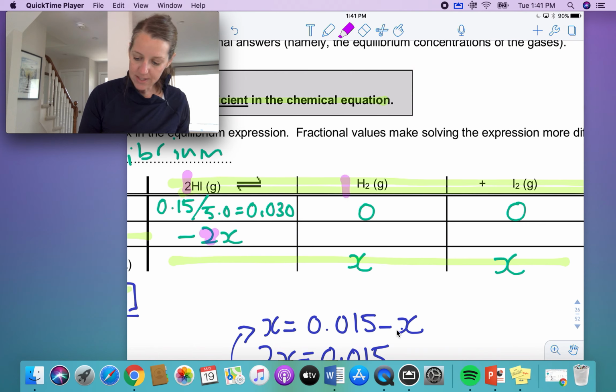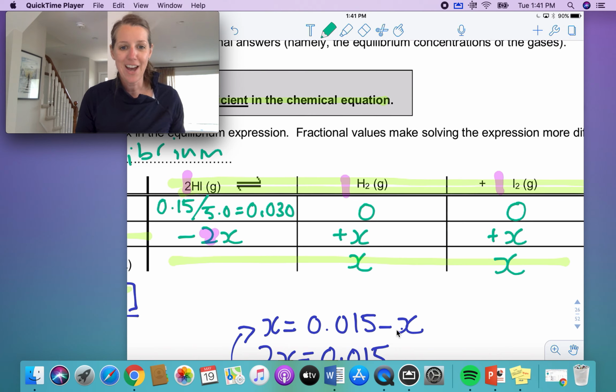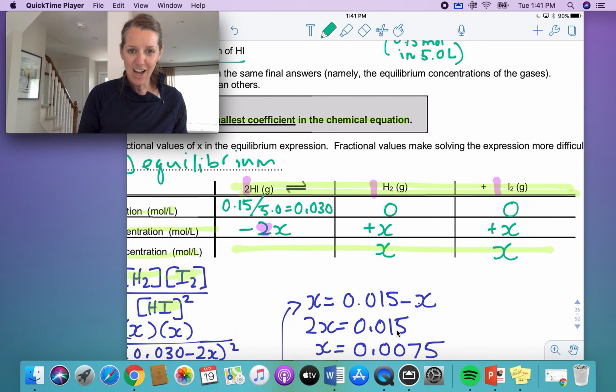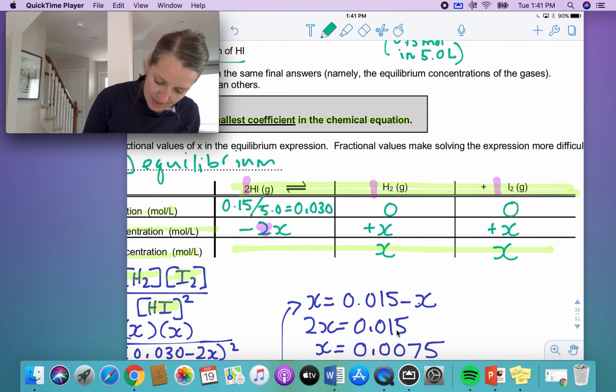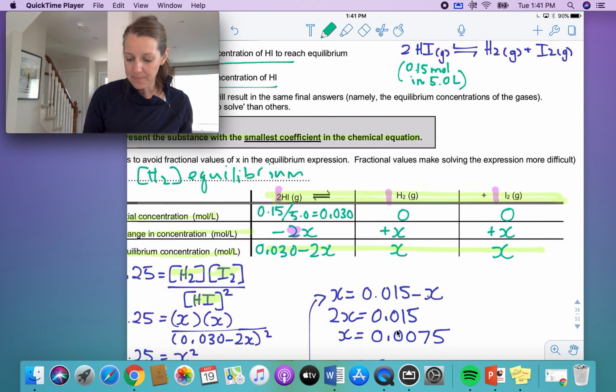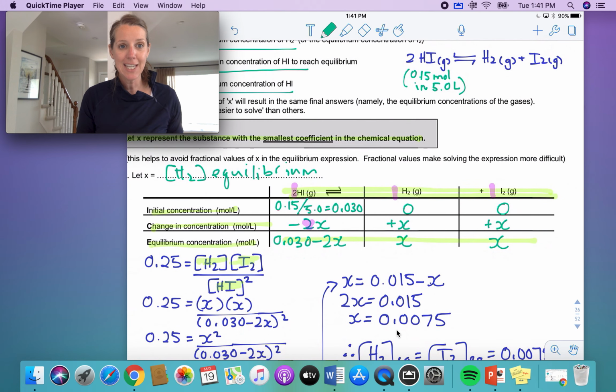This is a 1 and this is a 1 ratio here and here, aren't they? This is going to go up by a factor of x, and this is going to go up by a factor of x. And so at equilibrium, the concentration of my hydrogen iodide gas is going to be 0.030 take away 2x. Take a minute, see if that makes sense to you.